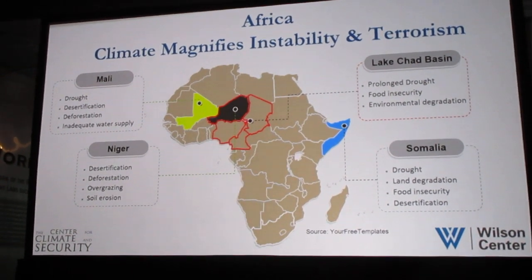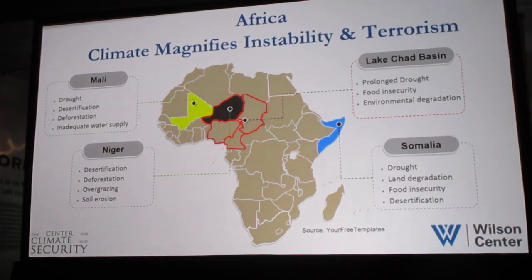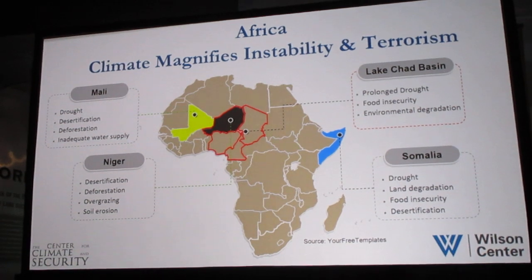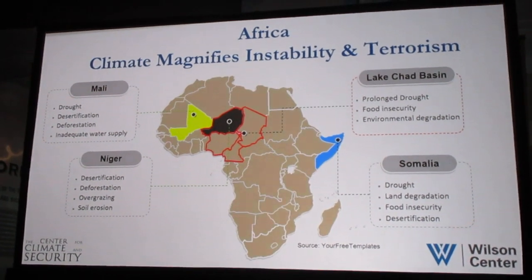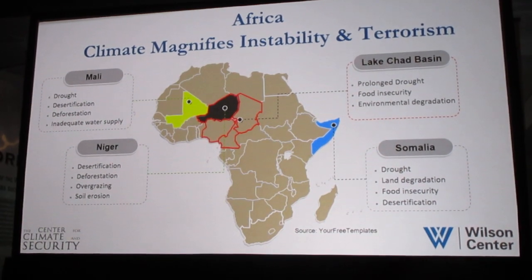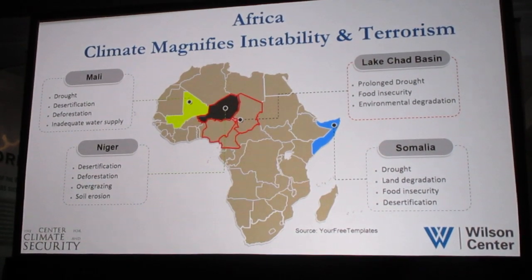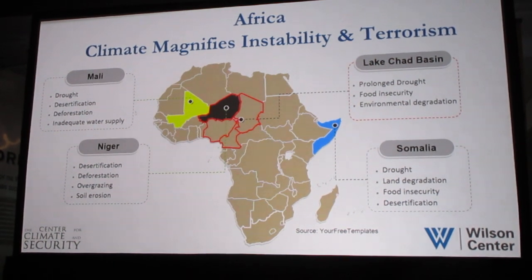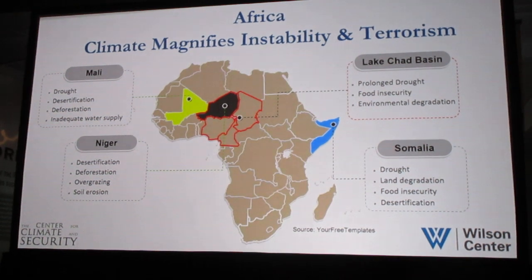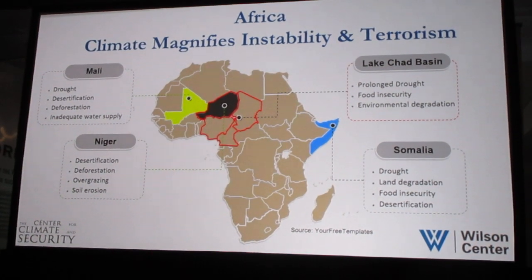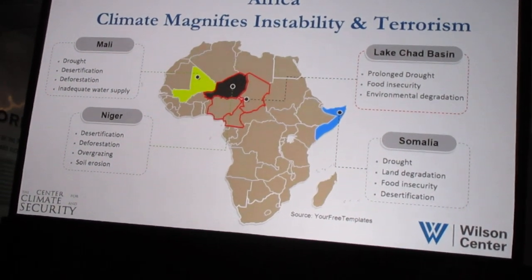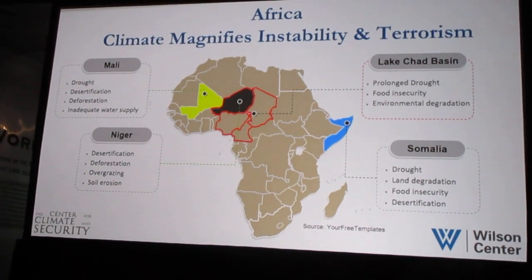We have extreme drought across much of northern Africa that is leading to food and water insecurity for many vulnerable populations in that region. We also see that a lot of the violent extremists and the instability in this area, and these are the places where we have U.S. forces deployed to combat those violent extremists in Mali, Niger, Lake Chad Basin, and Somalia, are also the places that are most affected by changing climate.